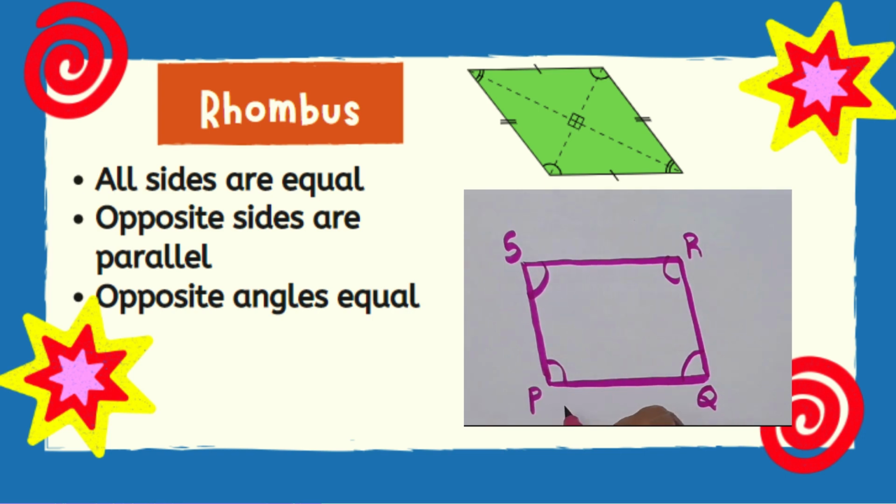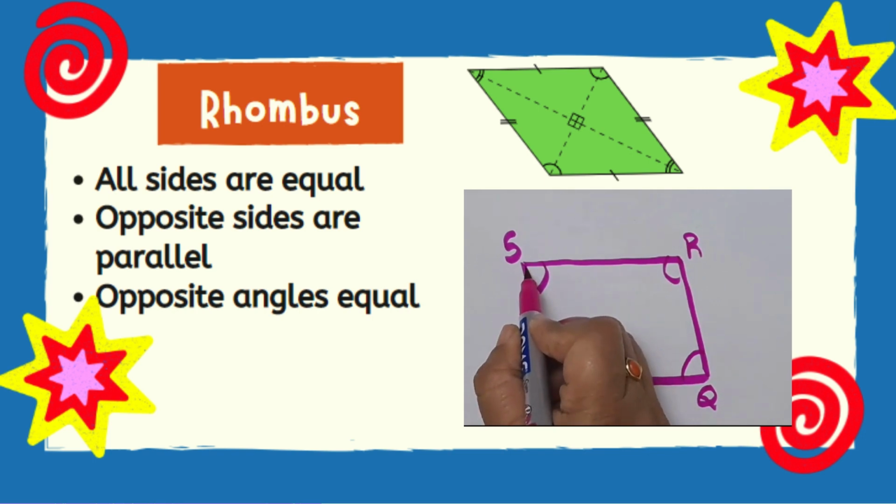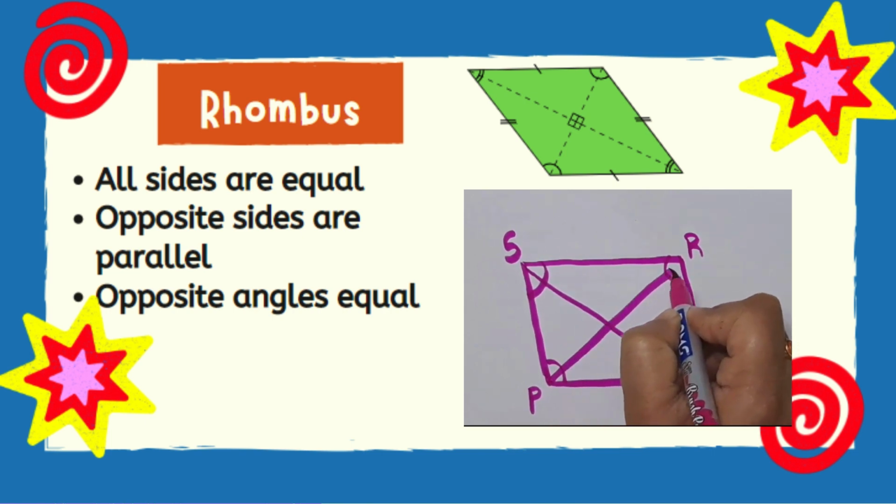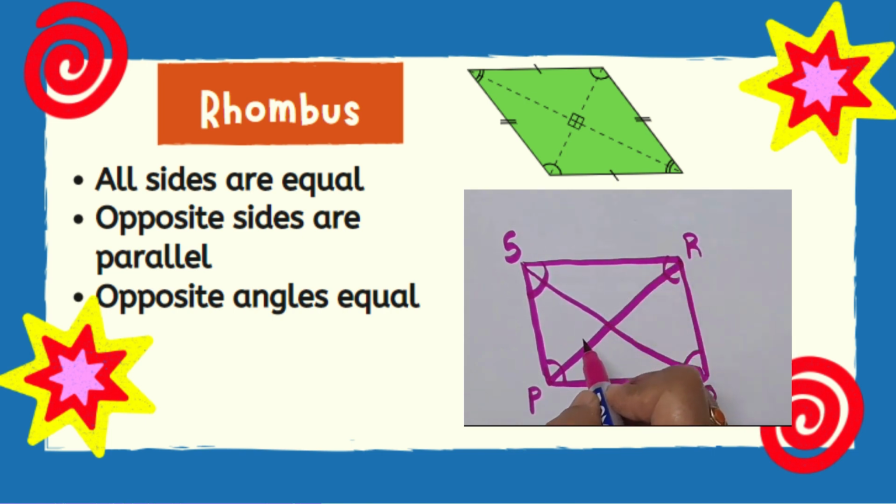And also here diagonals bisect each other. When I draw the diagonals from opposite vertices, they bisect each other.